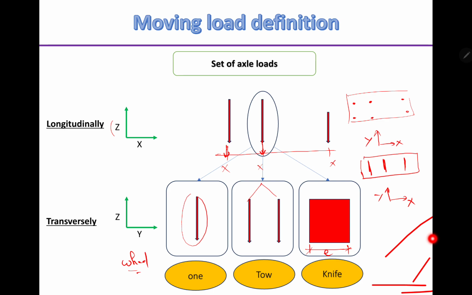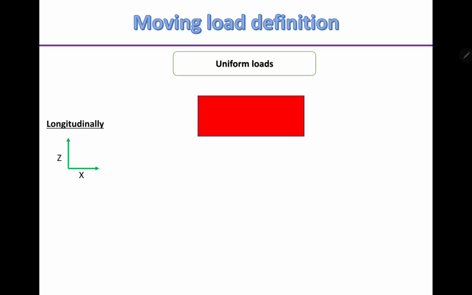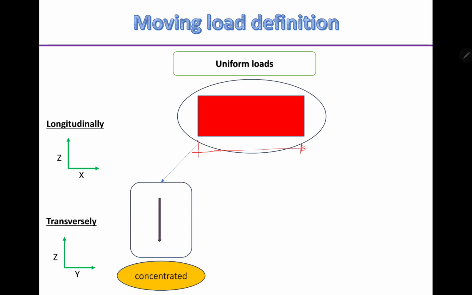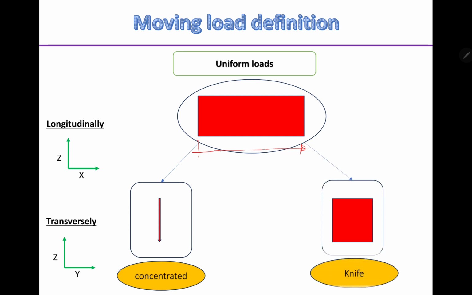The same thing applies to the uniform loads. In the longitudinal axis, that means the x-axis, the force is a knife edge, distributed along a line. But in the transverse direction, it can be a concentrated force, or a knife edge force, or distributed along a length or a long distance.